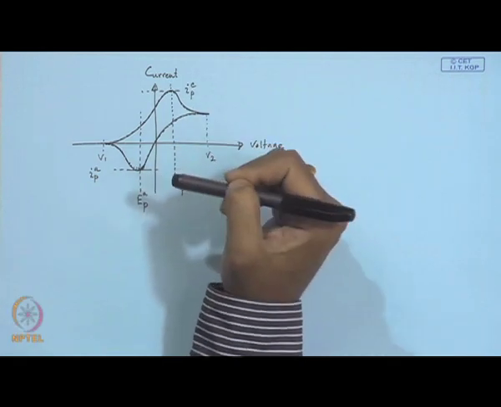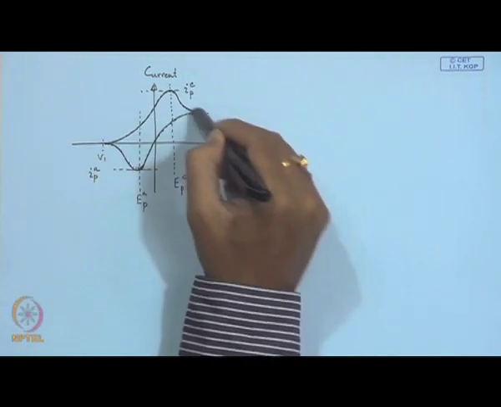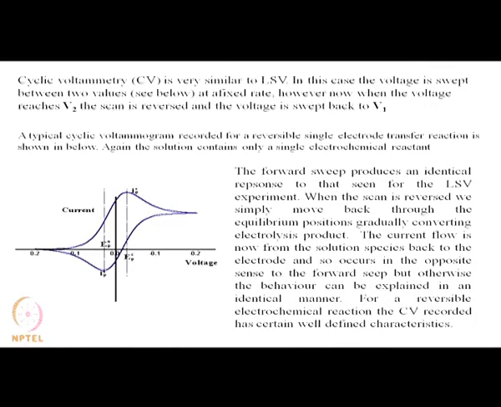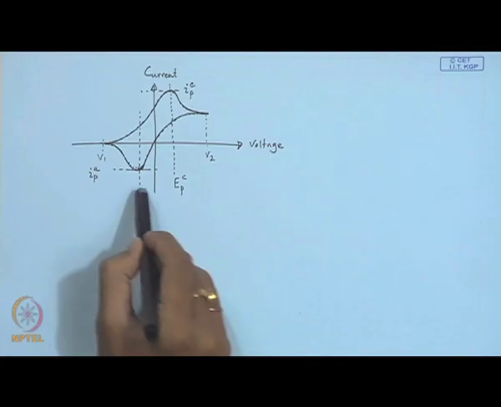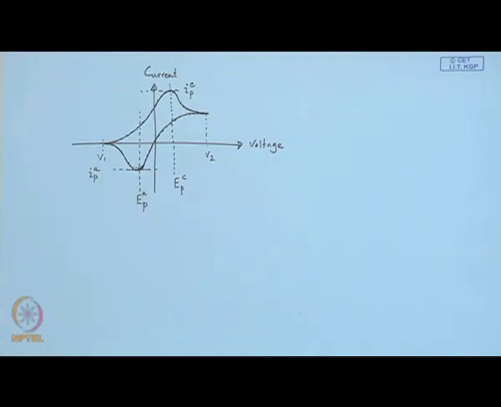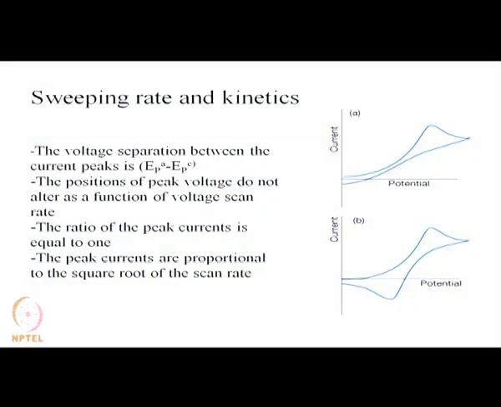But if it is reversible, then you should expect something like this. Now what are those characteristics? The voltage separation between the current peaks EPA and EPC, and the position of the peak.